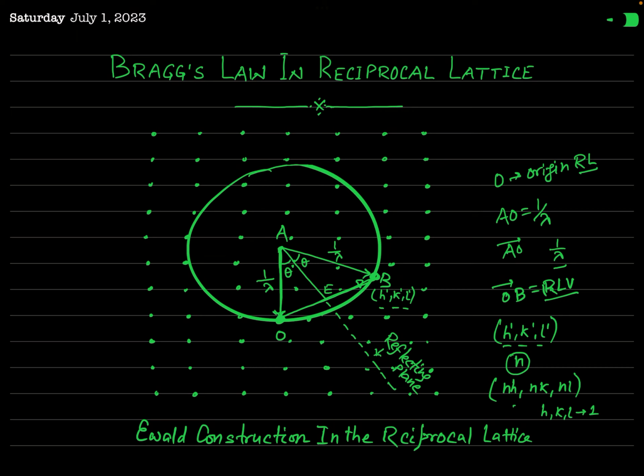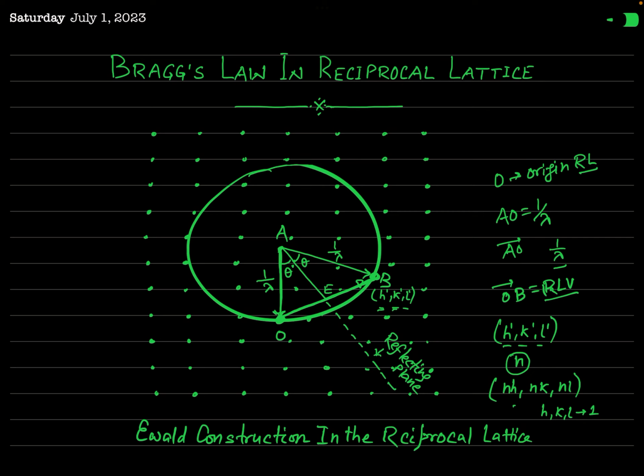Now, as I have told you, since O is the origin of the reciprocal lattice and B is a reciprocal lattice point in this Fourier space, this vector OB will definitely be the reciprocal lattice vector. According to the definition, a reciprocal lattice vector must be normal to the plane formed by h prime, k prime and l prime.